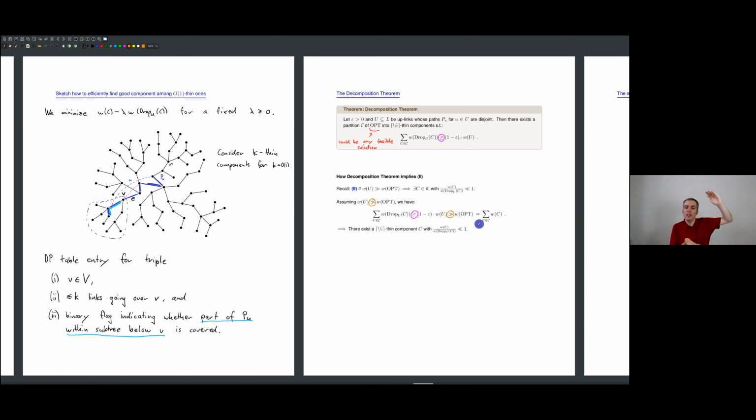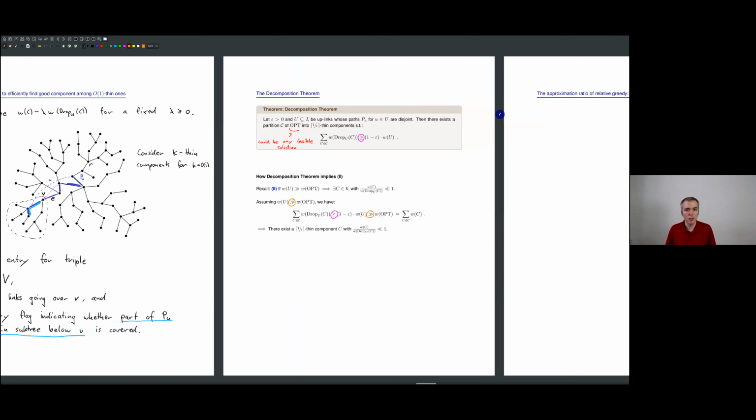But later on we have fewer and fewer uplinks, and so the improvement will decrease. As soon as the weight of our remaining uplinks is on the order of opt, the reasoning doesn't guarantee any progress anymore, and the procedure may stop. Or it may be lucky and find another component, but there's no guarantee through the decomposition theorem at that moment.